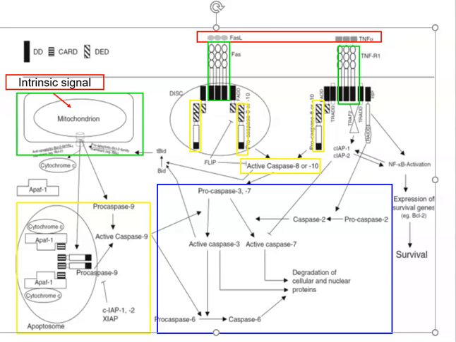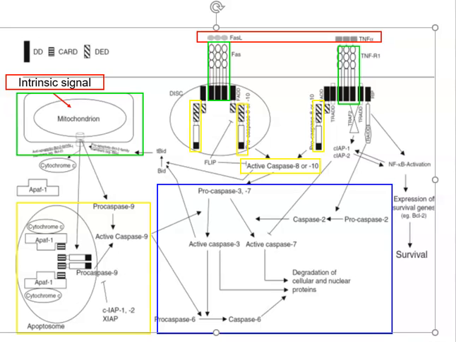There is another way of killing the cell, and that's what we call the intrinsic apoptotic pathway, and the intrinsic apoptotic pathway works via the mitochondria, and that intrinsic signal could be something generic like hypoxia, low levels of oxygen, it could be DNA damage, it could be generalized cell stress, and that is picked up by the mitochondria, and we'll find out how next week.